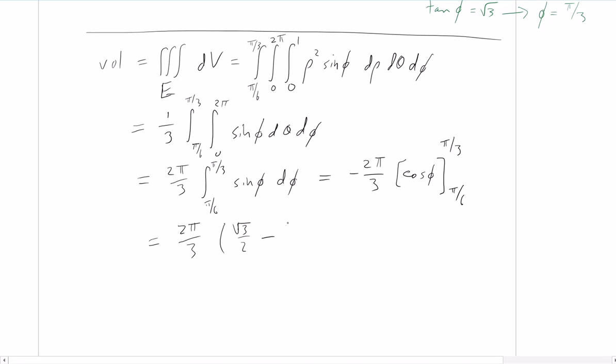And cosine of pi over 3 is 1/2. And we can factor out the 1/2. Cancel that 2. And there we have it.